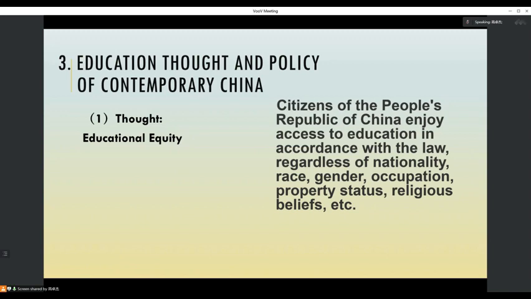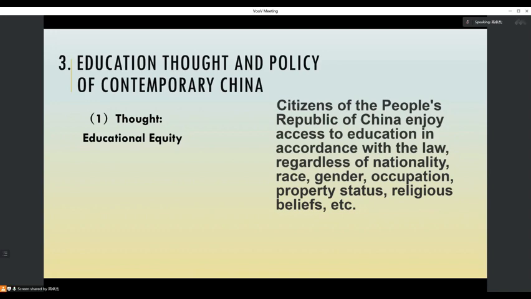If a child is about 6 years old to 12 years old, if his or her parents don't let him or her go to school, the parents violate the law, which is illegal.